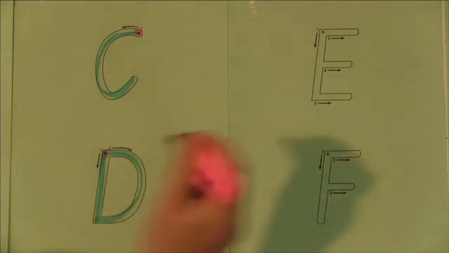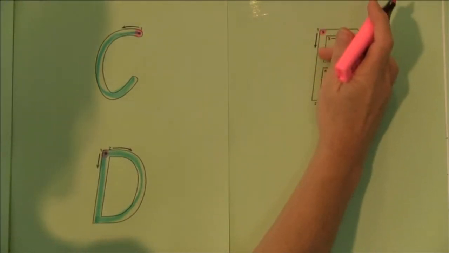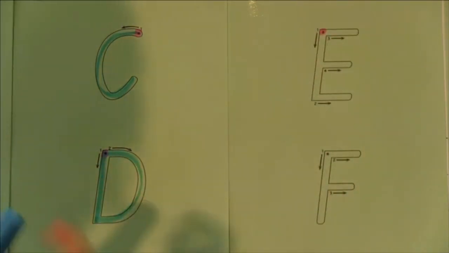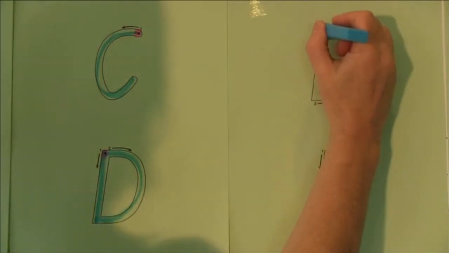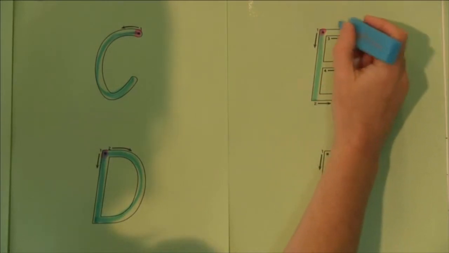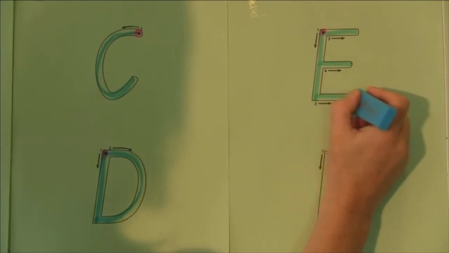And E, there you go. We've still got that straight stick on the left hand side, so that's where we start. Always go down the stick first, and then you can start from the top. 1, 2, 3.